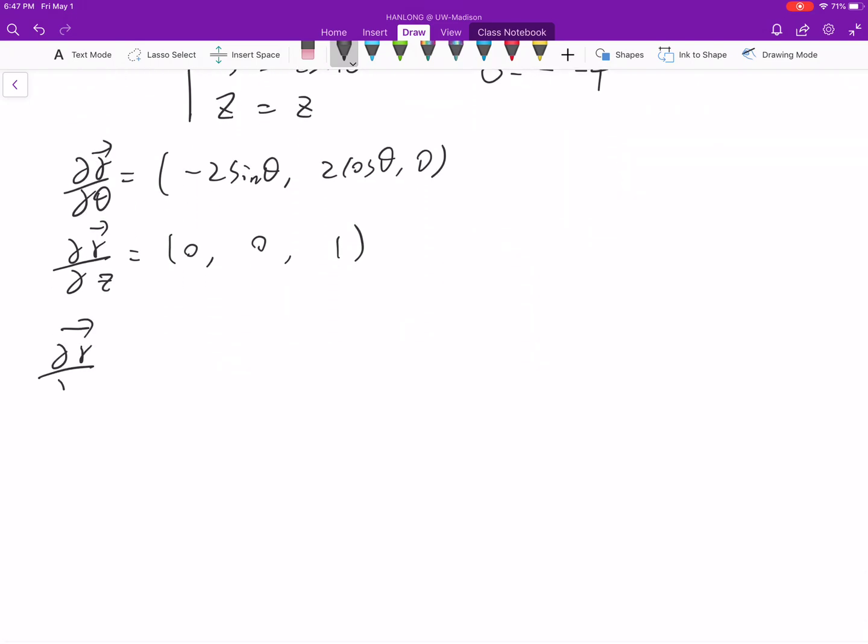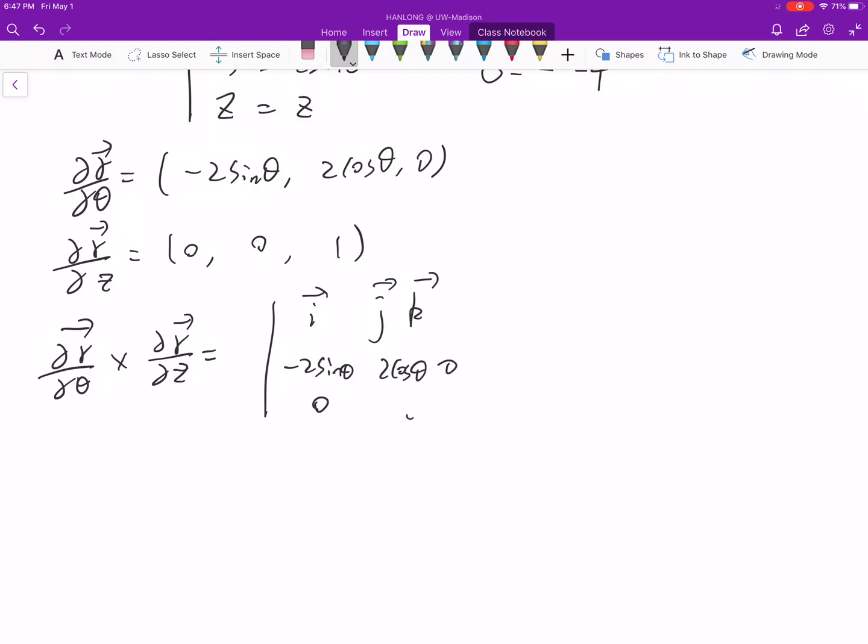So if we do the cross product, you will have i, j, k, minus 2 sine, 2 cosine, 0, 0, 0, 1. So if you compute, you will have i 2 cosine theta plus j 2 sine theta.